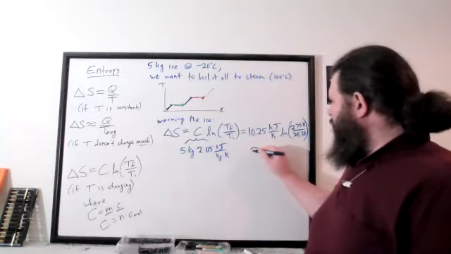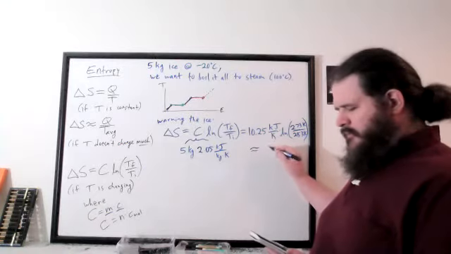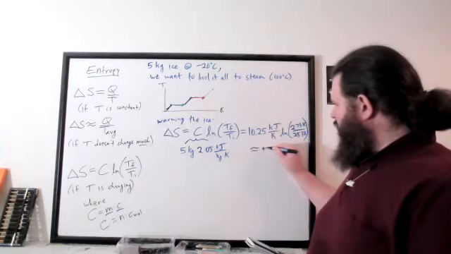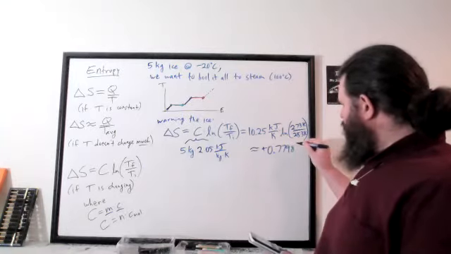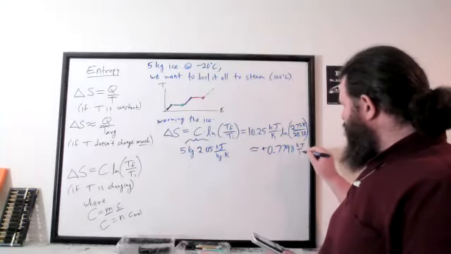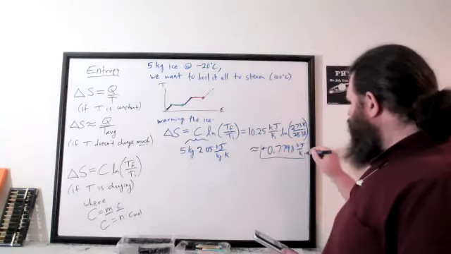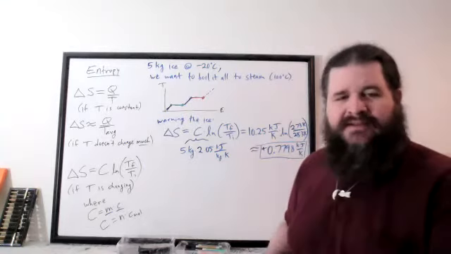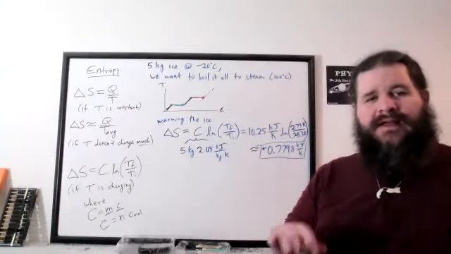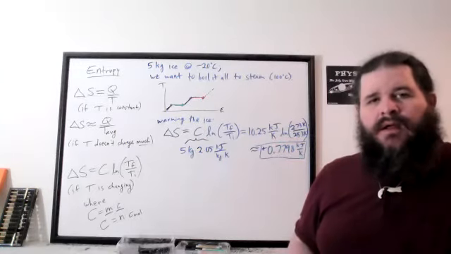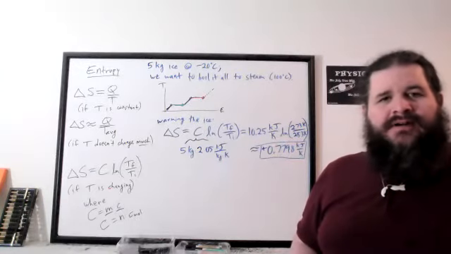So I'm getting about positive 0.7798 kilojoules per Kelvin. So that would be the exact delta entropy of this process, the process of warming up the ice from -20 to 0. Any questions on that so far?